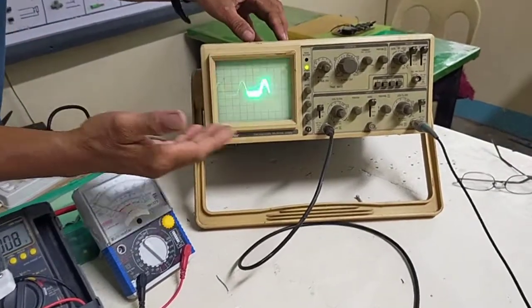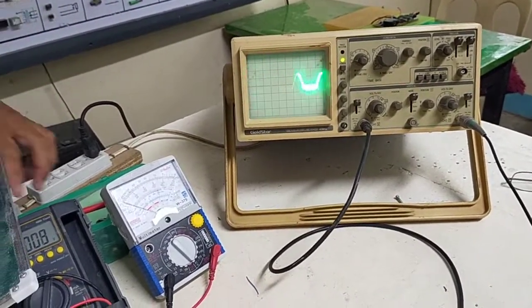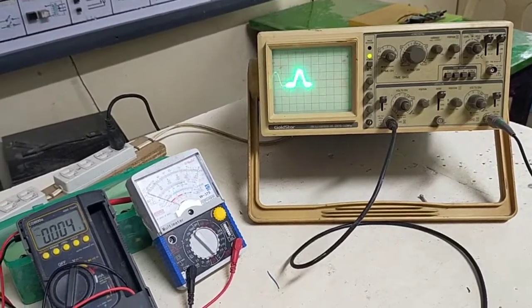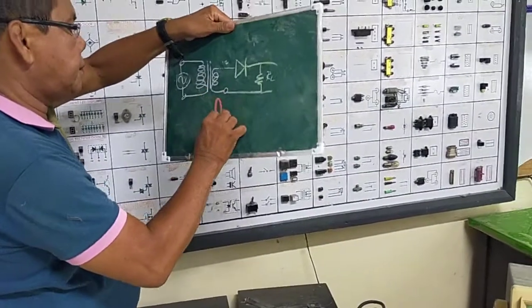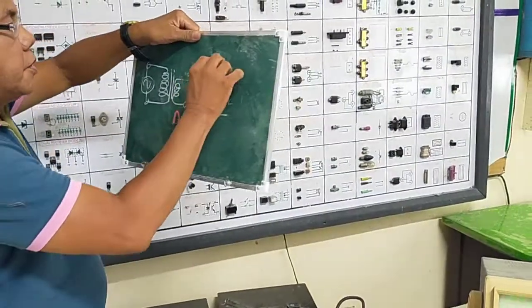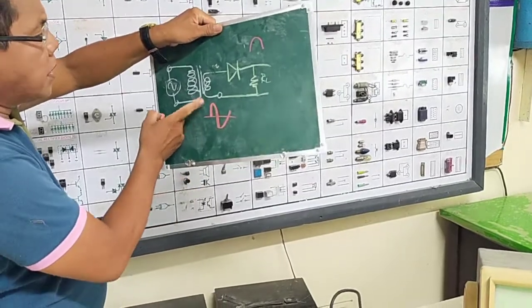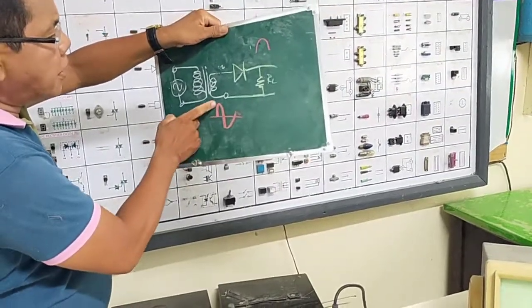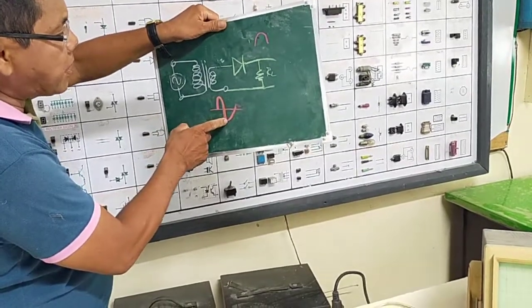Half-wave. Only one of the half cycles is conducted. We have here the output, which is only like that. Only that one. In one cycle, there are two half cycles, the positive half cycle and the negative half cycle.